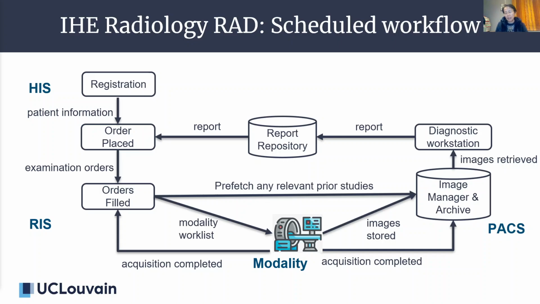Once the images are acquired, the images are stored, and then an expert can validate the image quality, record the diagnostic findings, and release the report to the report repository. Finally, the completed report is returned to the physician workstation.